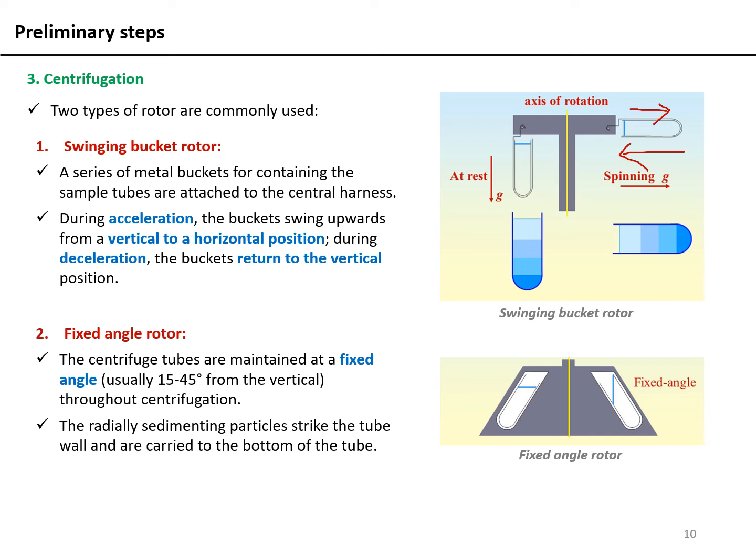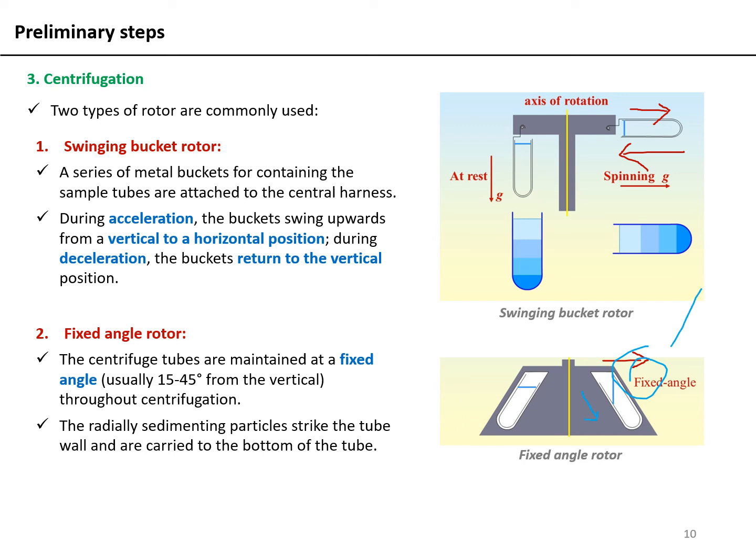Now in the case of a fixed angle rotor, because it is rotating like this, your centrifugal force will still be acting in this direction. Centrifugal force will not change its direction to act in an angular fashion like this. It will not suddenly start acting in this direction. It is still acting in the direction shown by the red one.